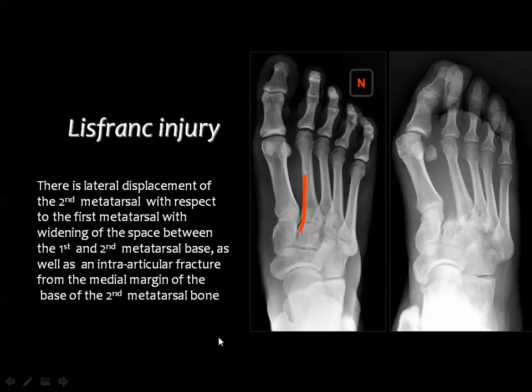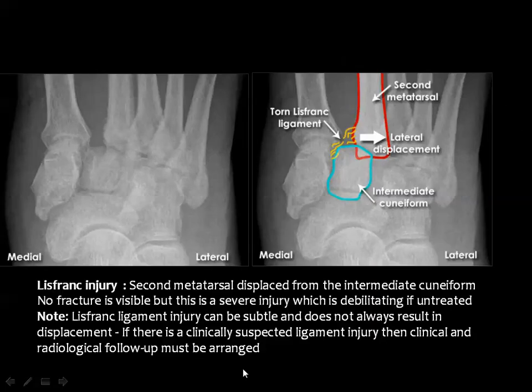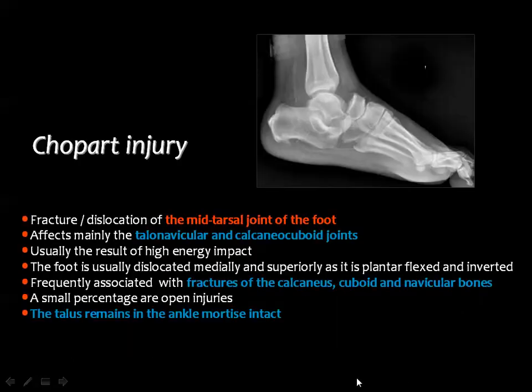But in case of injury of this ligament in between the first and second metatarsals, then the line will be like this. This is the site of the ligament between the first and the second metatarsal bone, and this is the middle or intermediate cuneiform bone. And from the plain film, you can diagnose this type of injury.